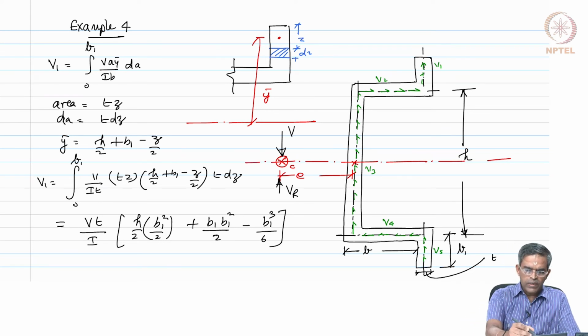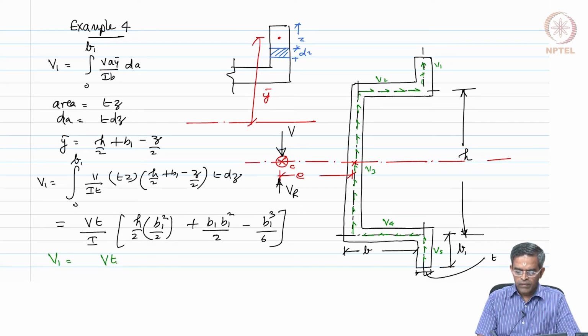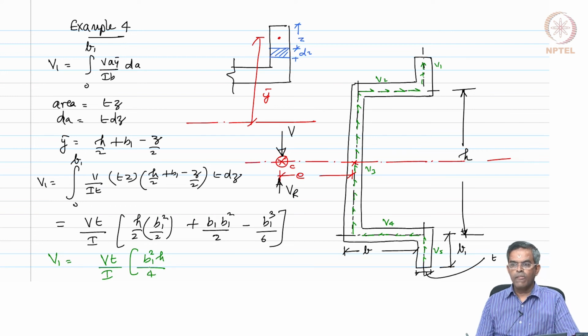Which is simplified further as V t by I, B1 square h by 4 plus B1 cube by 3.